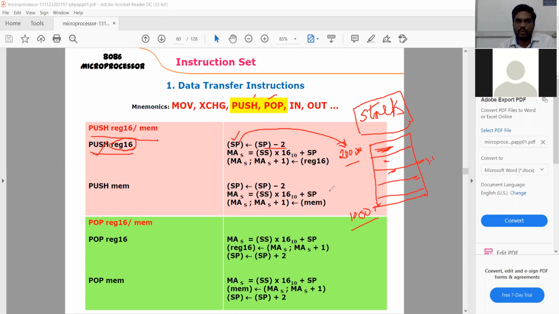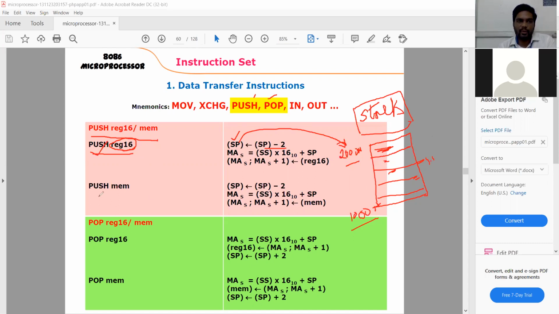That means the contents of this register will be pushed into the next 2 addresses of the stack.